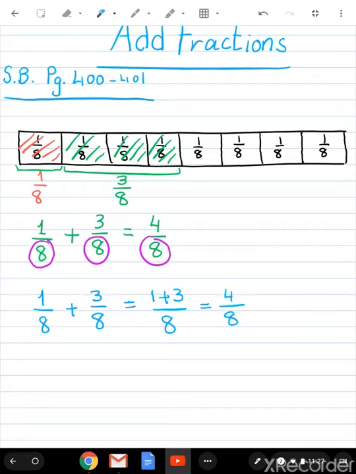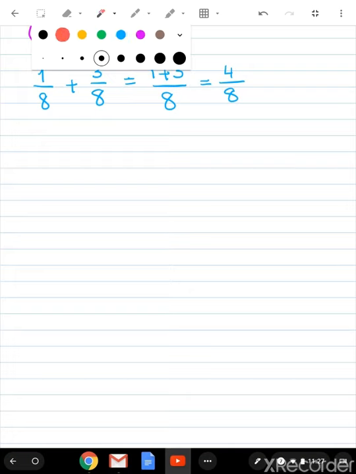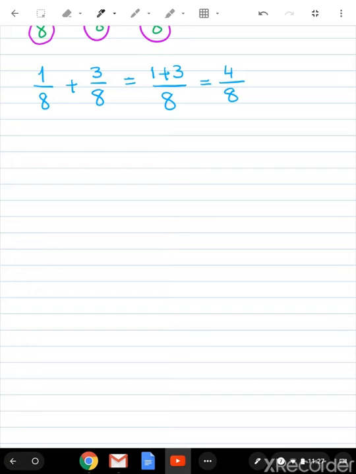Let us see another example. Again, we have another bar.